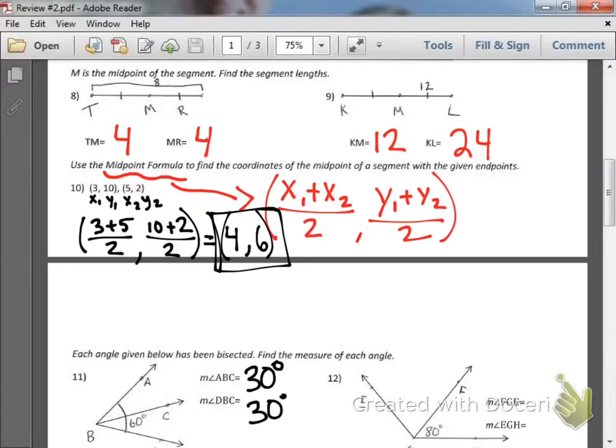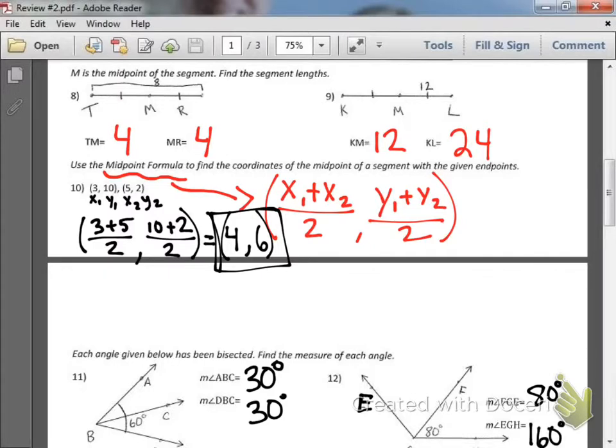Now, that is not the same thing as on number 12, because on number 12 I give you one of the smaller angles, and then I ask you for the other smaller angle. So if one of them's 80, the other one's 80. Very good. Then I ask you for the whole thing. 160. 160, good.